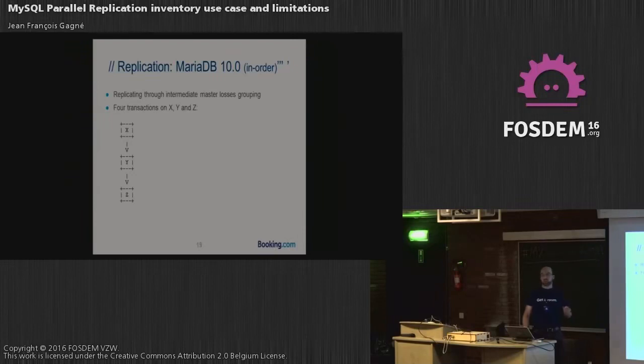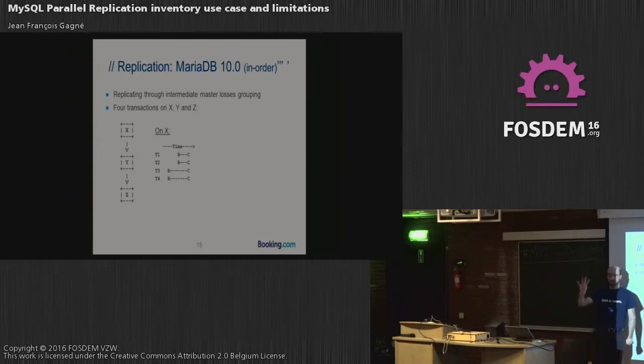Another problem is the intermediate master. If we use an intermediate master, and it's quite common in our architecture, Shlomi talked about it, Rene talked about it. Let's see 4 transactions on an intermediate master. On X, 4 transactions commit together. Yay, we have a group size of 4. Those transactions will be executed in parallel on Y. So on Y, those transactions are started together.